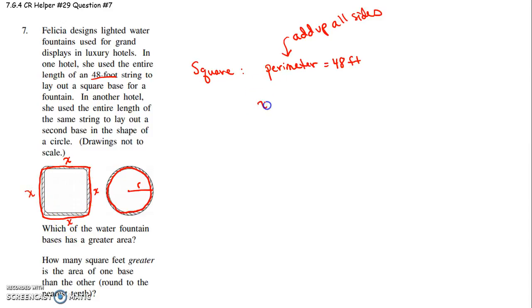So we have x plus x plus x plus x is 48. How many x's are there? 4x equals 48. Divide both sides by 4, and we'll find the length of one side of that square to be 12 feet.